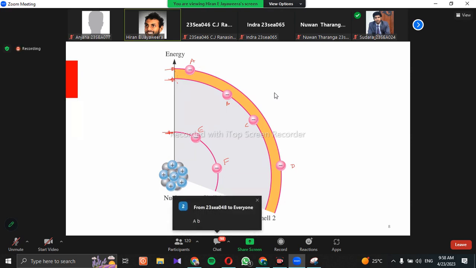Now let's take a look. What is the energy at this point? When you look at this, what is the energy at this point? It is zero, right? According to this diagram, the energy is zero, and as you go in the radial direction, energy is increasing. Let's say the energy of this one is P1, and the energy at this point is P2. P2 is higher than P1, right? So definitely the energies of these electrons are smaller compared to any other electrons in this system. Is it clear to everyone?